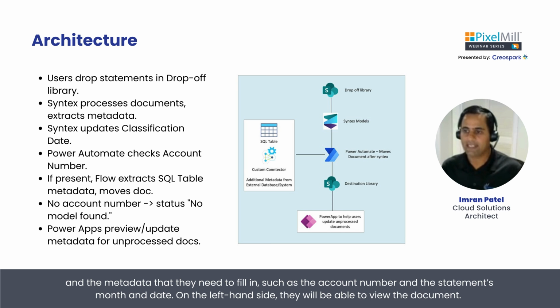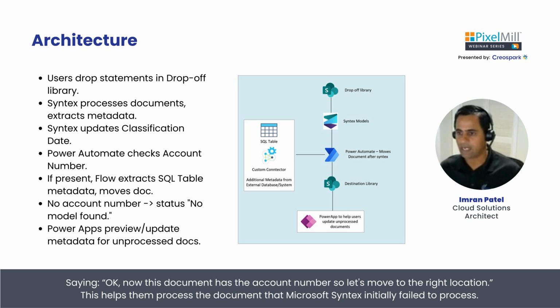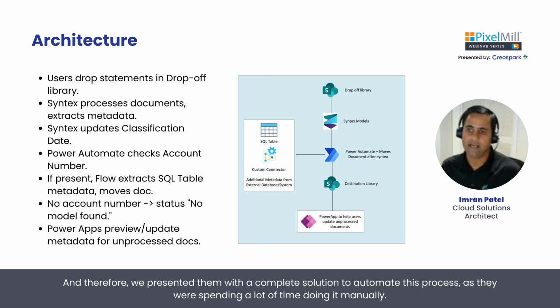They can just copy and paste the account number and update the metadata, and then the workflow picks up again, saying, okay, now this document has the account number, so let's move it to the location it needs. That helped them process some of the documents that Microsoft Syntex failed to process, and that way it presented them a complete solution to automate the process that they were spending a lot of time doing manually.